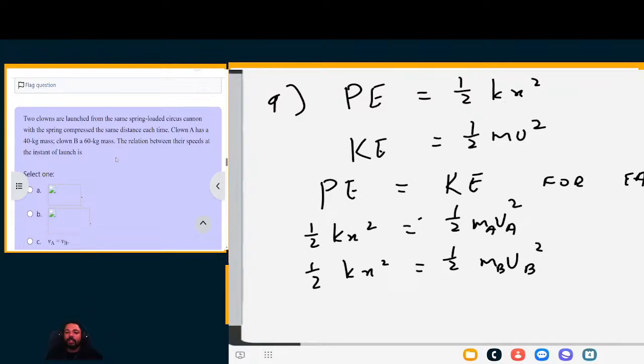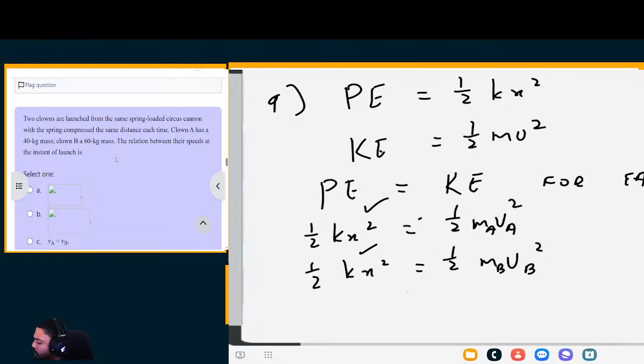Now since both of these clowns are launched from the same spring and compressed the same distance, the spring potential energy for both of them is exactly the same.